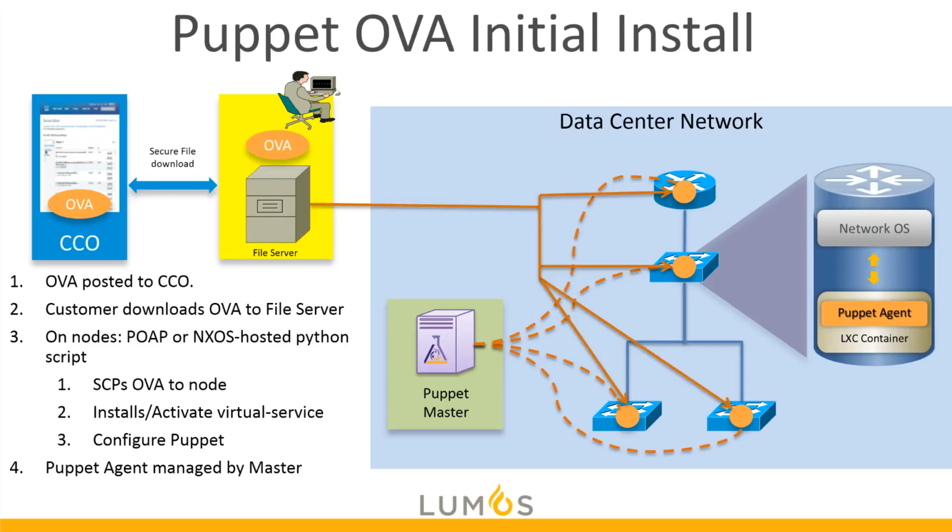It's going to install and activate that virtual service, the Puppet agent, and then configure Puppet by the Puppet master, as we just talked about. So you do get this OVA from CCO, and you put it on your various TFTP or whatever server you're going to host this on, SCP preferably.